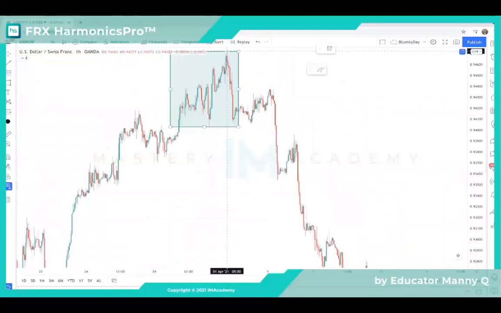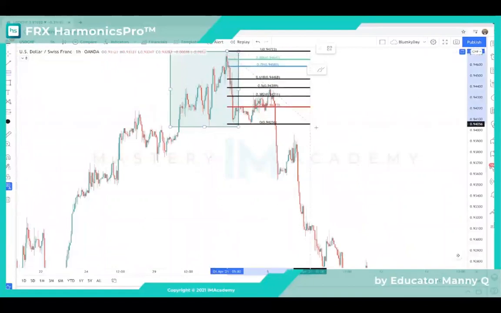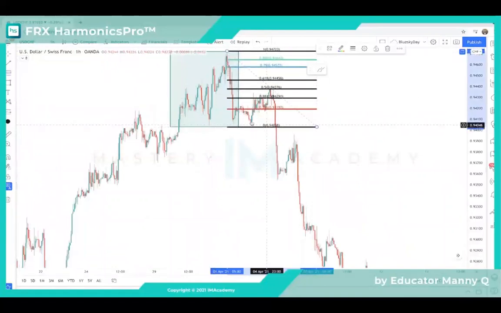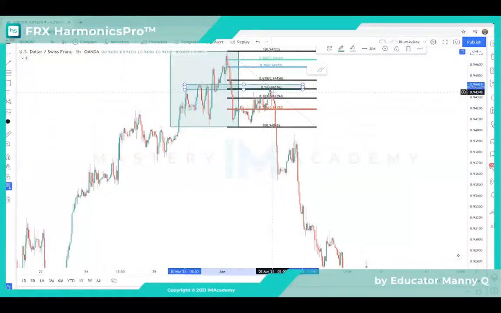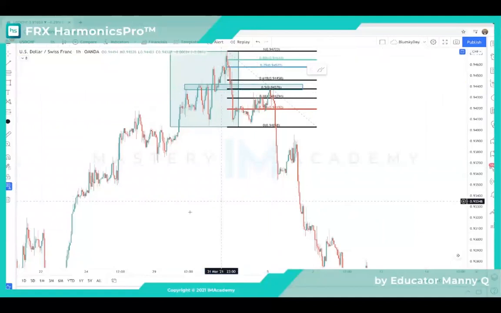What are we doing? We're taking the high to the low of the candle. We're waiting for the pullback. Pullback comes within our price reversal zone. One more time, right at these price reversal support and resistance levels. Another bearish engulfing. Bingo, price takes off. Look at how amazing that is right over there.